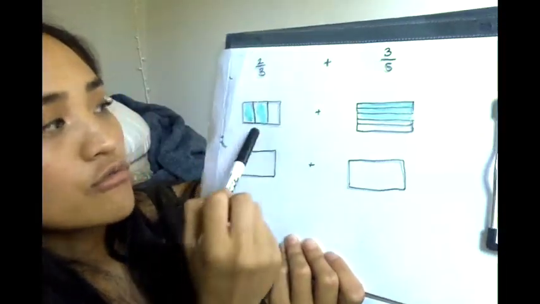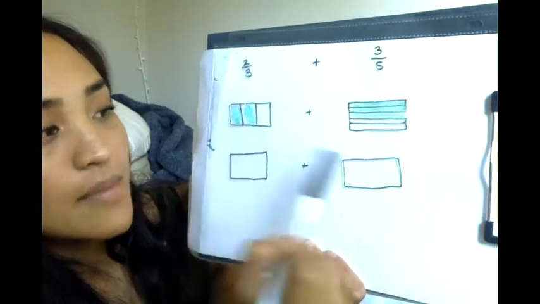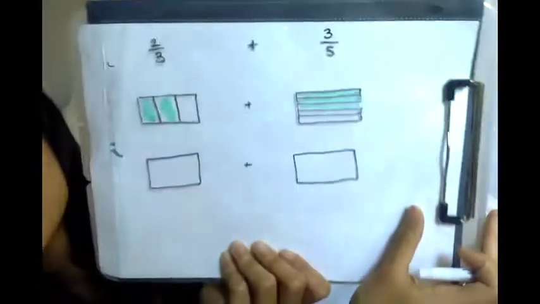So I'm actually going to draw the same exact picture over here on the bottom, and then we're going to do a real cool trick that I don't know if you've learned already, but if you have, then this will be review. Okay. 1, 2, 3. 1, 2, 4, 5.